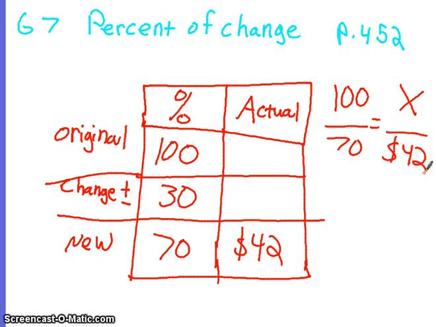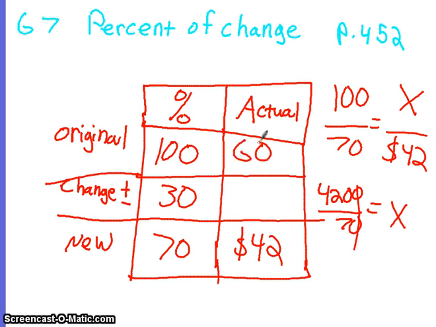So 4,200 divided by 70 equals x, is how we set it up, which is really 420 divided by 7, which is 60. So, very good. The price of the dress originally was $60, but you picked it up for 42.